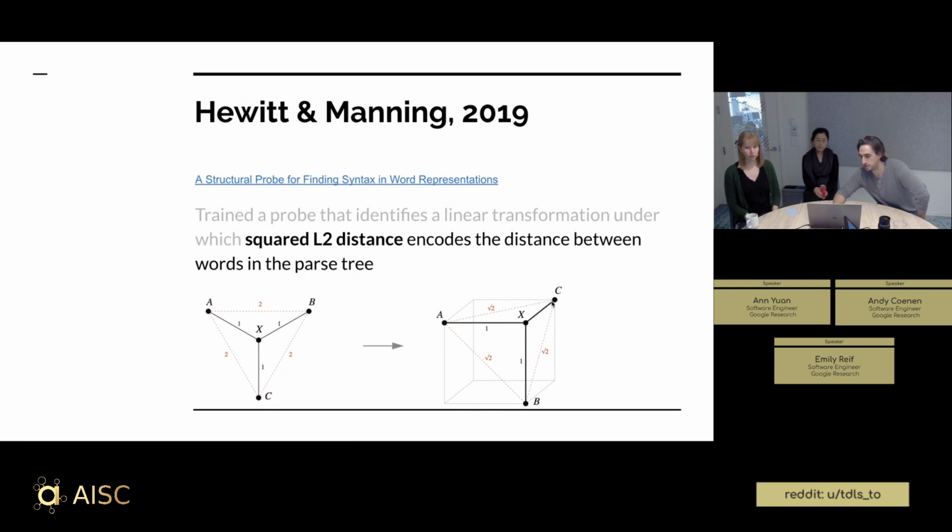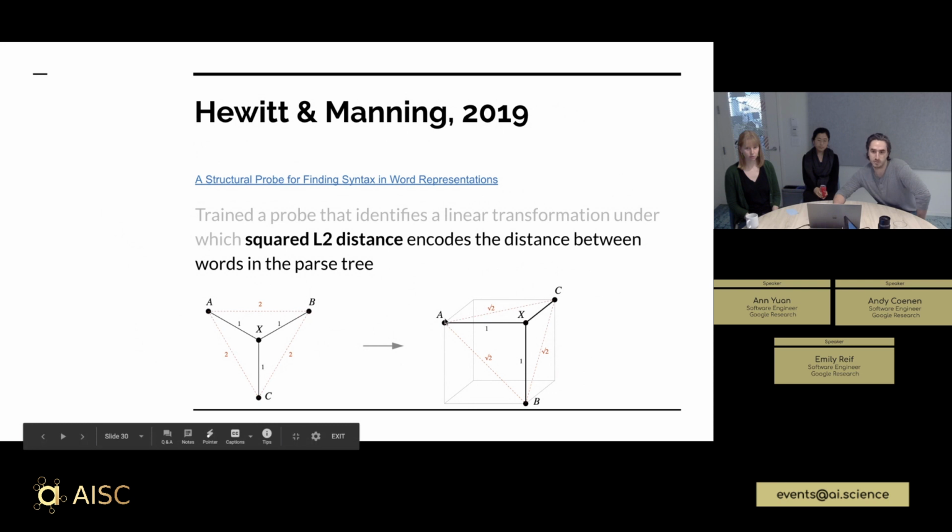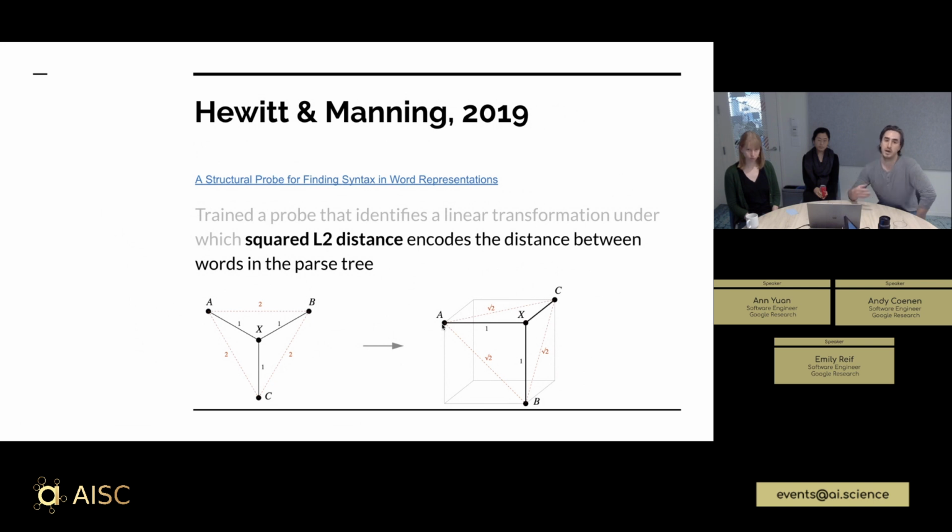If the tree is being represented in a high dimensional space, you automatically get that feature because these two edges wind up being orthogonal to each other. So you get this nice right triangle and you get this squared L2 distance relation, which is really, really cool. It means that BERT can, in fact, pack these trees into the embedding space in a really nice tree-like way, which is neat.